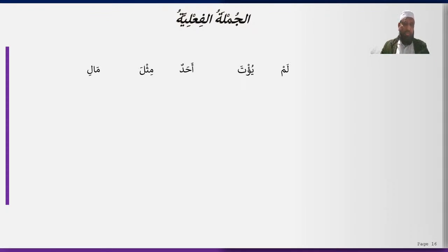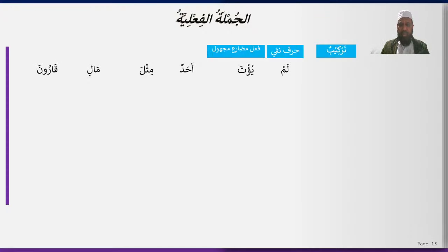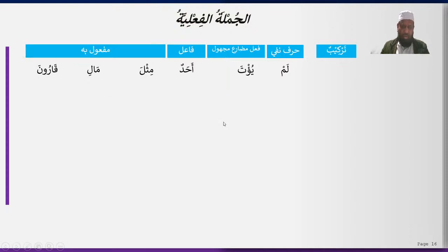أحد مثل مال قارون. لم حرف نفي and يؤتى فعل مضارع مجهول. أحد نائب فاعل, and the rest of the slot is مفعول. Oops, I was going to ask you what type of maf'ul is it?